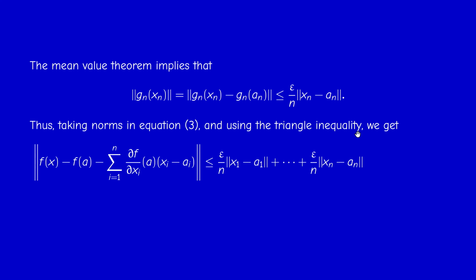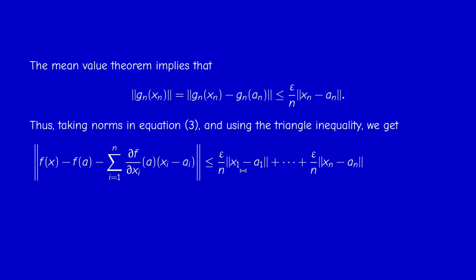And now when I sum everything together, the first line in norm is less than epsilon over n times this, plus etc. And now, since I chose the max norm, each norm of xi minus ai is less than the norm of x minus a.